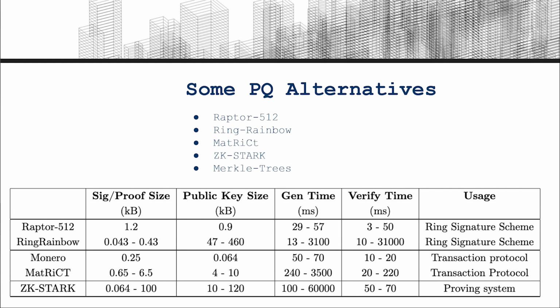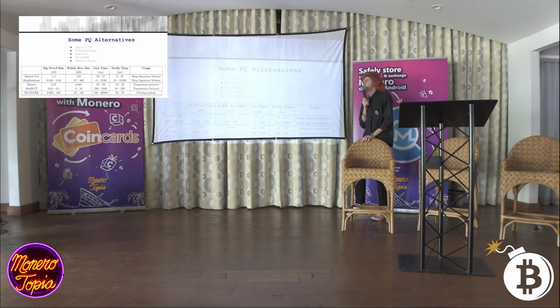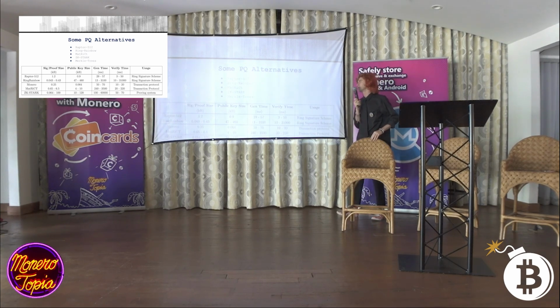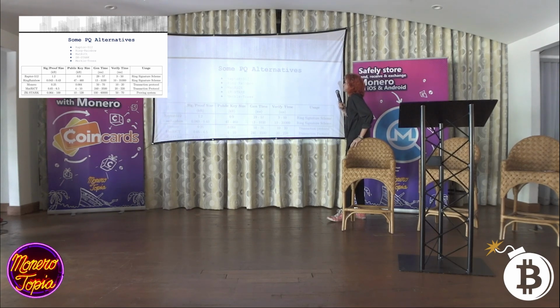Raptor 512 is a lattice-based one. Generation time is feasible, and the verify time is also pretty feasible for Raptor 512. So it's not as impossible as you might think. Maybe wait a little while, but this was written two years ago, and already things are much more feasible. Anyways, next slide.